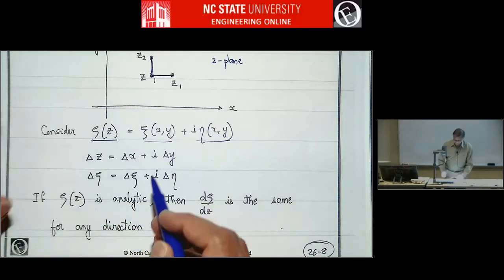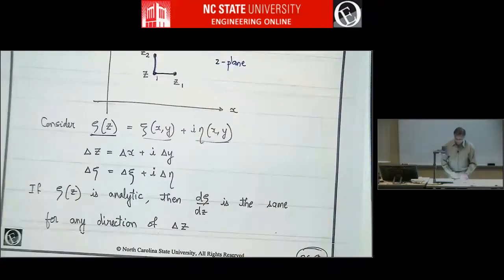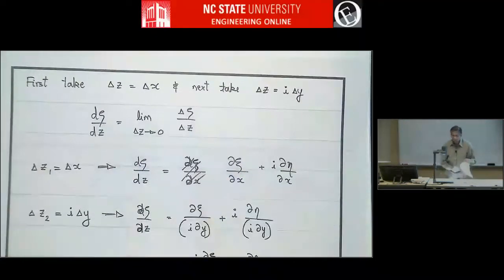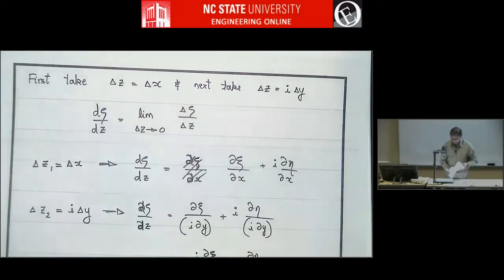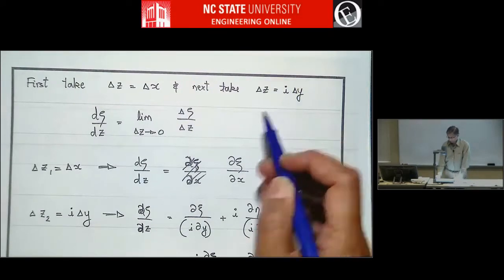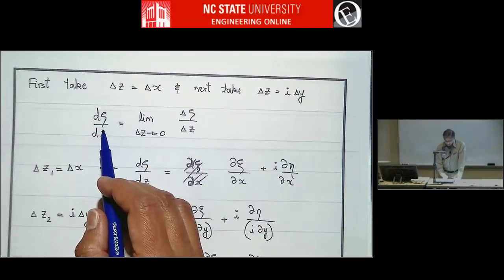So first let's take delta z equals delta x, and next we'll take delta z equals i delta y, and then we'll equate the two.